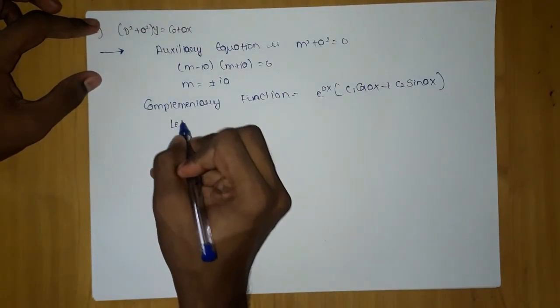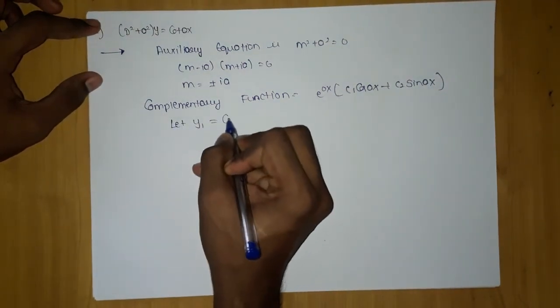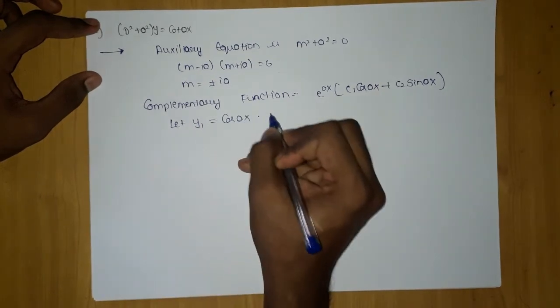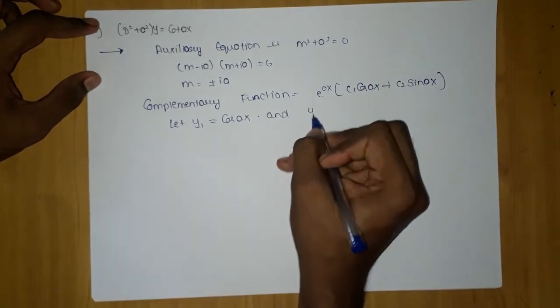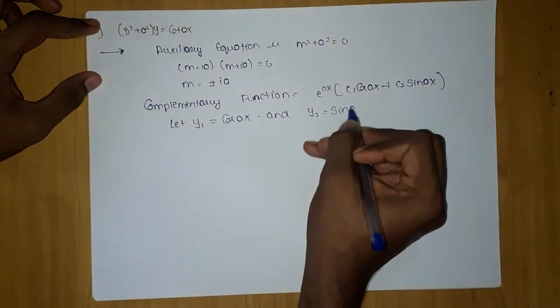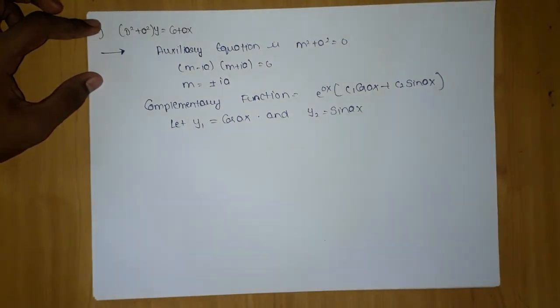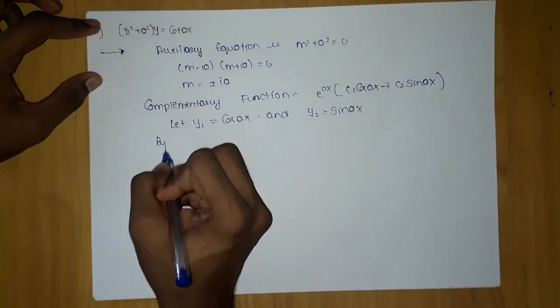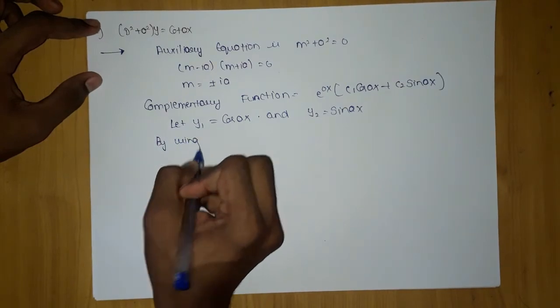Now let y1 equal to cos ax and y2 equal to sin ax. After getting this, you have to mention this statement, okay?